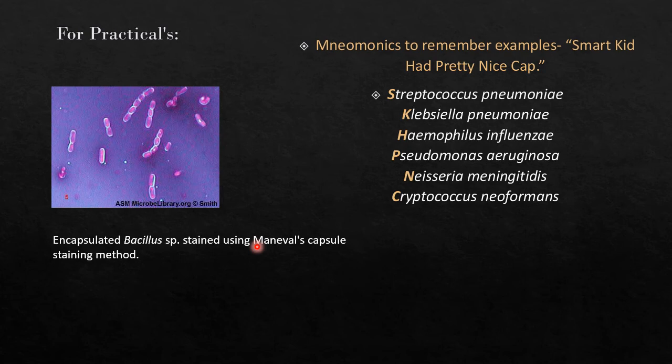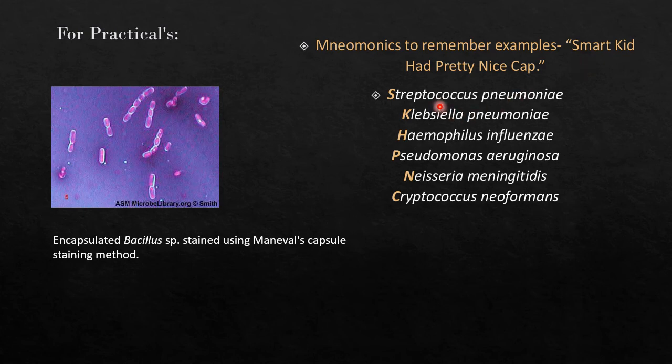For practicals, if you want to remember some examples of capsulated bacteria, you can remember them by a mnemonic. Just remember: smart kid had pretty nice cap, or pretty nice capacity.